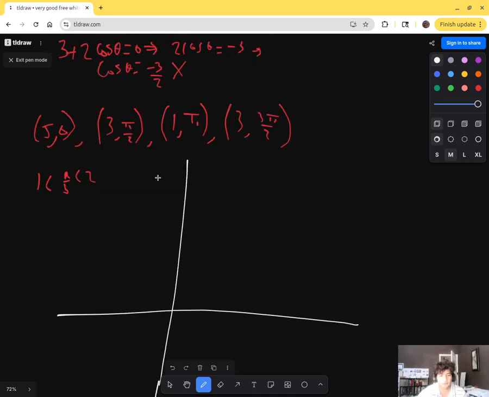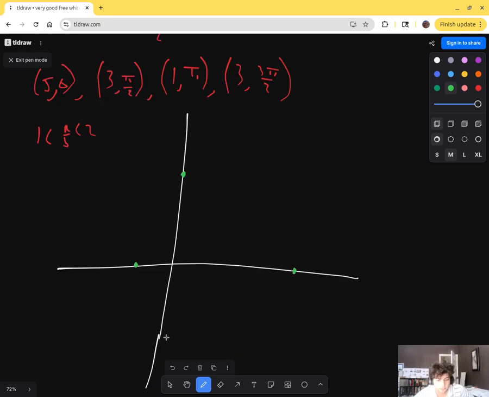So we have 5 comma 0, 3 pi over 2, 1 pi, 3 pi over 2.